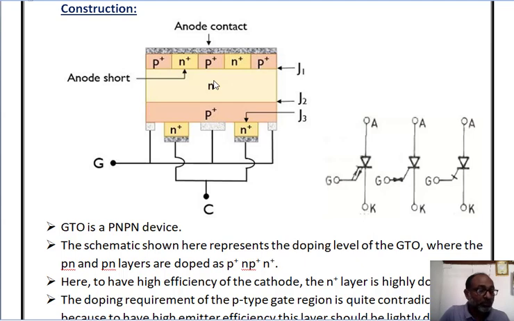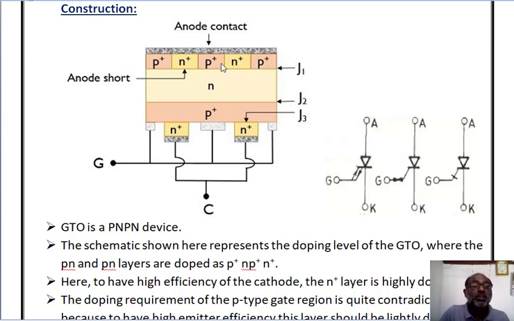Now to achieve the forward blocking voltage value in kV, the width of this layer is very high, as you can see here, and the doping in this layer is less.